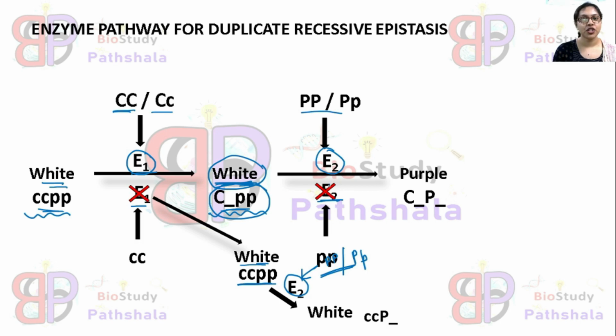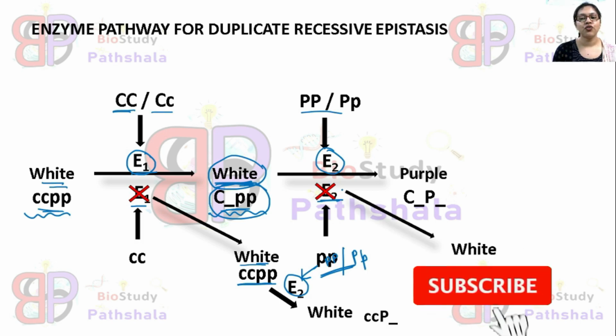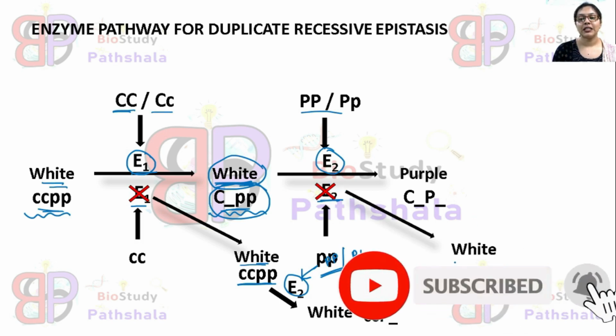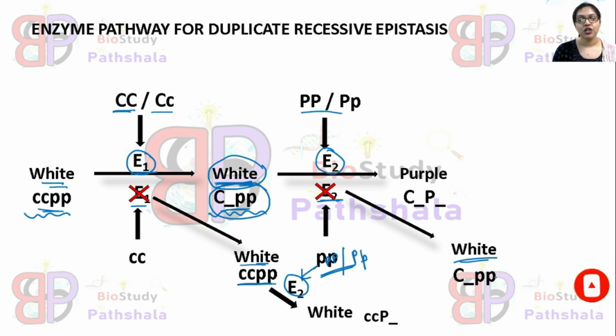So this non-functional E2 enzyme leads to formation of white color, but this white color will be coded by capital C dash small p. That means although one dominant allele of C gene is present, the homozygous recessive condition of P gene suppresses the pathway.